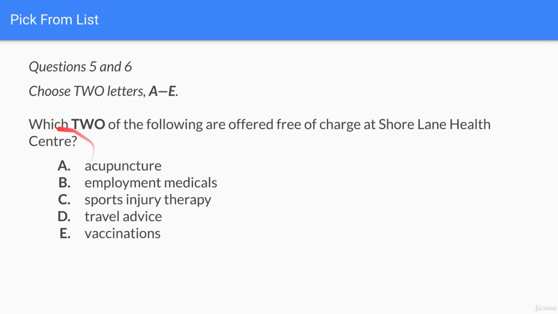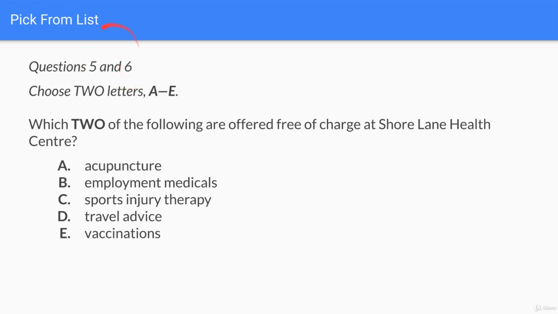So in this case, we have to choose 2 correct answer choices. When we do that, we are going to list these answer choices as the answers to 2 separate questions. So one of the answer choices will be placed for number 5, and the other answer choice is going to be used for the other question.